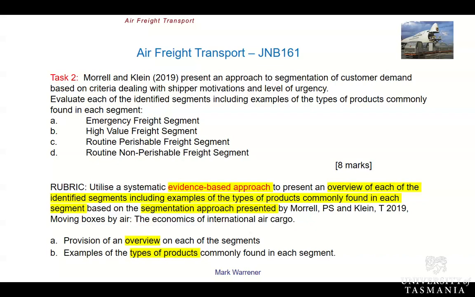So with regard to that overview, would you be expecting us to have a whole heap of other references, or just mainly keep to what was in that reading as we're doing an overview of the segments in that reading? Well, look, I wouldn't penalise you. Usually I like to see a range, you know, if you put your whole assignment with one reference, I'm thinking, come on.